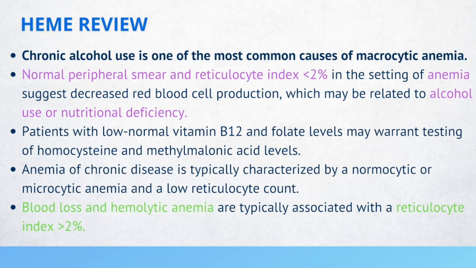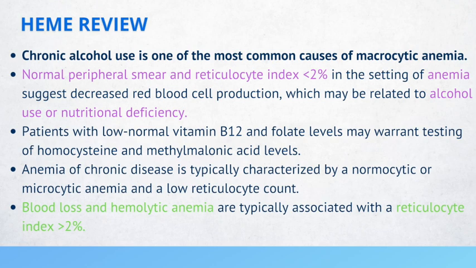So if you notice that patients have low B12 or low folate levels, then you need to go on to do homocysteine and methylmalonic acid levels. Do you remember what happens to these homocysteine and methylmalonic acid levels in vitamin B12 versus folate? If you do, leave them in the comment section below. Again, this is another high yield concept.